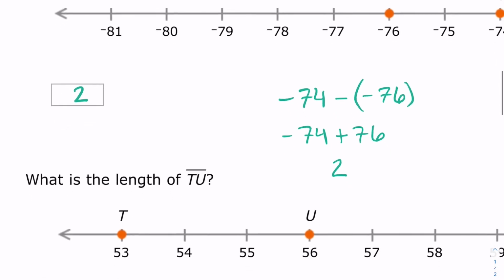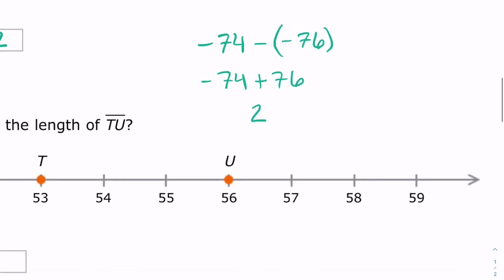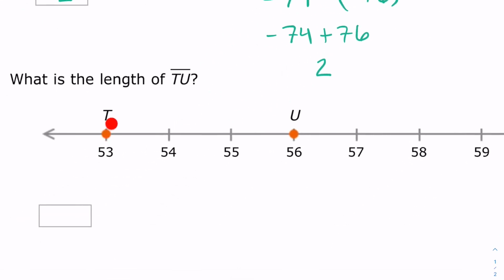Again, counting over is easy. You can count, but you got to make sure you're counting by 1. If this was 760 and this was 740, you would have to be counting by 10, not by 1. All right, so here we have 53, 54, 55, 56. So it's 1, 2, 3.